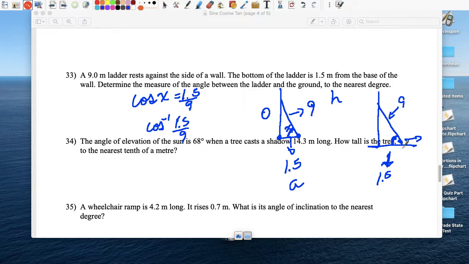So at that particular distance, there's a particular angle formed with 1.5 and 9, and that's what we're looking for. So second function, cosine inverse, and then we enter 1.5 over 9. That's going to give us 80 degrees, to the nearest degree, 80 degrees.